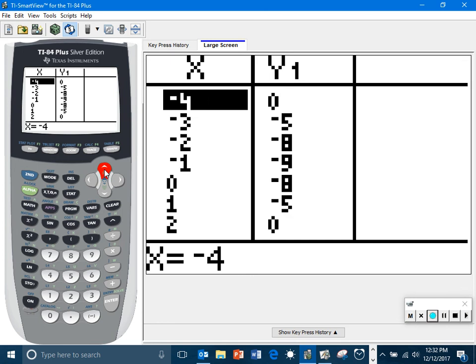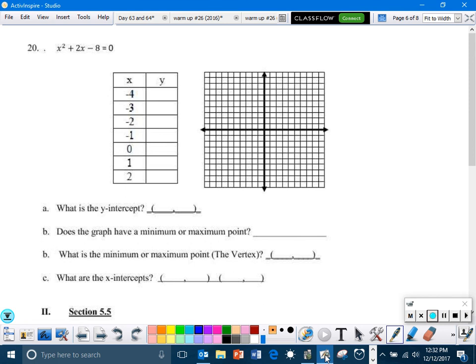There we go, -4 is at the top. Let's fill in the table on our paper. So -4, 0, -3, -5, -2, -8, -1, -9, 0, -8, 1, -5, 2, 0.